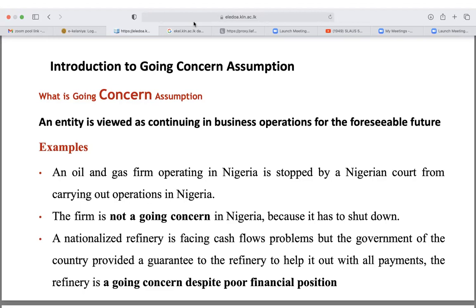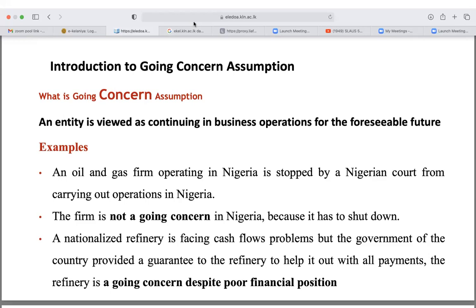When it comes to entities, going concern means an entity is viewed as continuing in business operation for the foreseeable future, right? When we are looking at our future, if you have a doubt about what I am doing, what I need to do in the future, and what will happen around us, if you have that feeling, then you don't have a going concern.